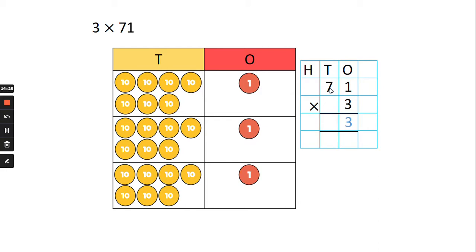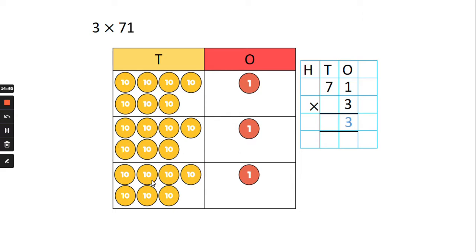Next, I have my tens column. 7 tens times 3. 7 times 3 is 21. So I have 21 tens over here, 210. That is too many numbers to fit into my one square box. So we are going to have to do an exchange.